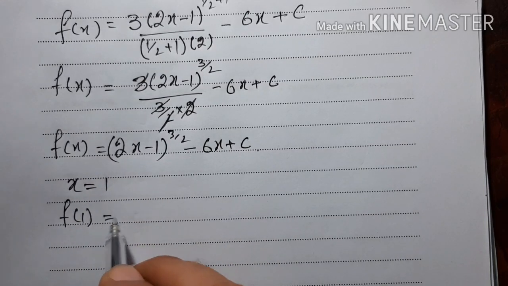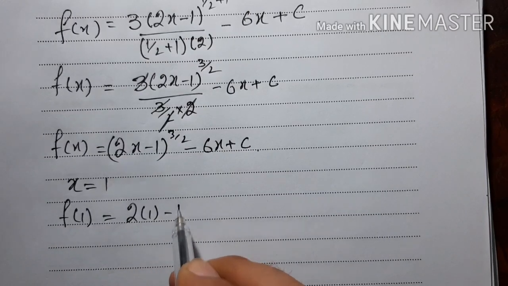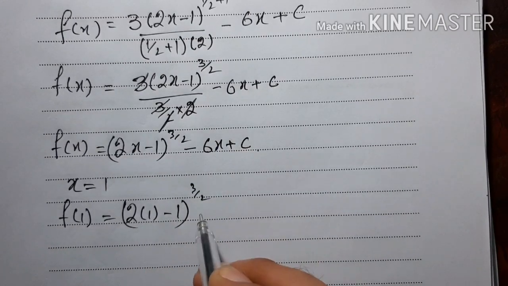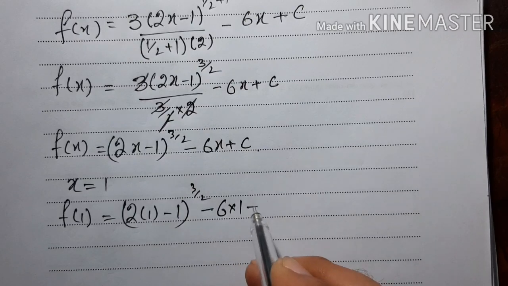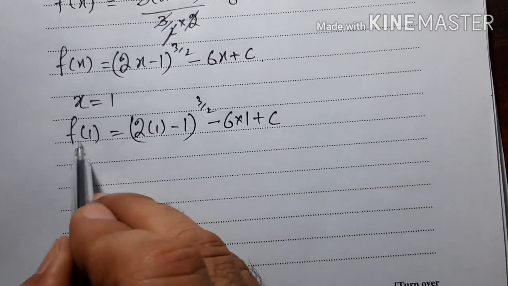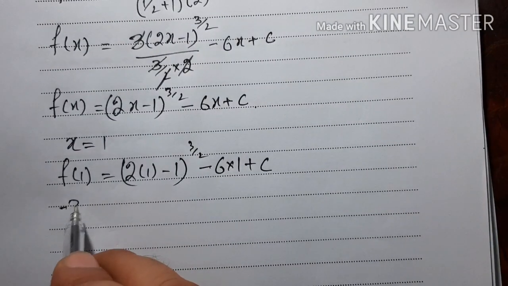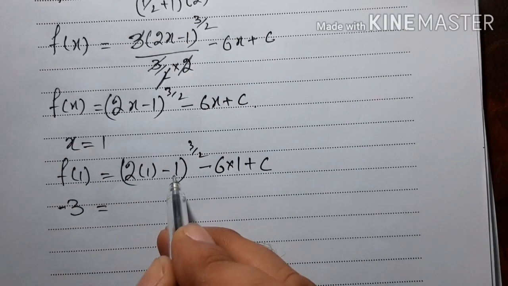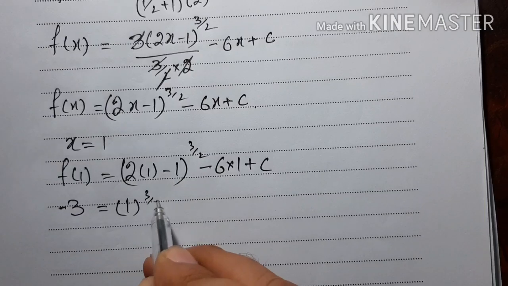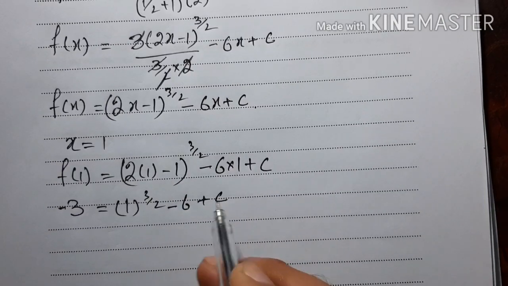So f1 is equal to 2 into 1 minus 1 power 3 by 2 minus 6 into 1 plus c. f1 is actually minus 3, so I'll put minus 3 here.